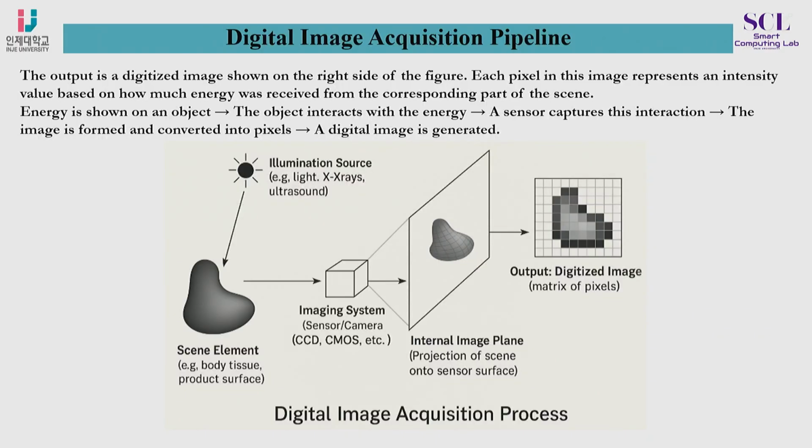Then we have the object, and after that, using this device, we capture the image with the help of these rays, the illumination source, and we digitize the image, and in this form you get the pixels of the image. Actually, we are digitizing the object.